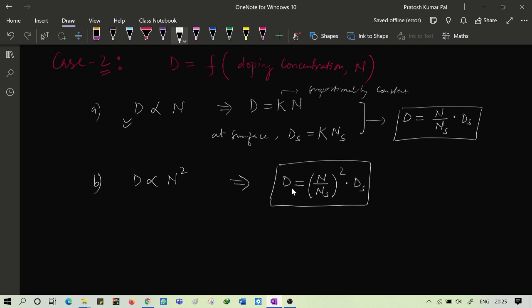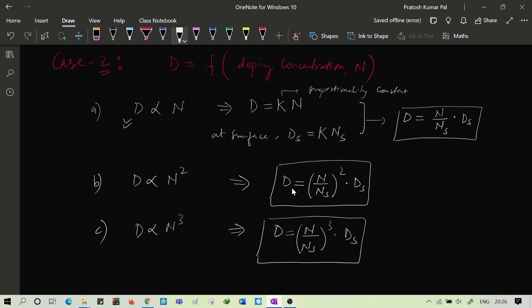So the final diffusion coefficient has a relation with the dopant concentration at the surface and the dopant concentration n at a particular location. Similarly, in the third case, the diffusion coefficient has a direct relation with n to the power 3. Then D comes out to be n divided by Ns to the power 3 into Ds.